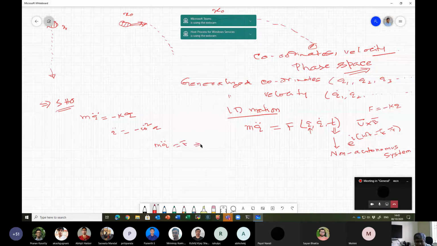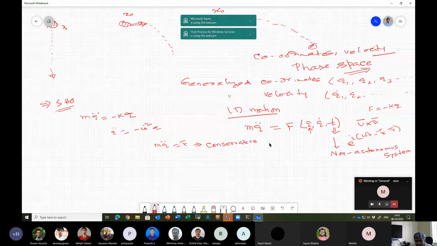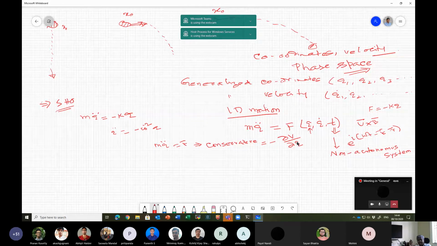This is actually a conservative force. If you have a conservative force, then you can always get this force from a potential. That is the beauty of the simple harmonic oscillator force. So you can easily get this force from a potential.